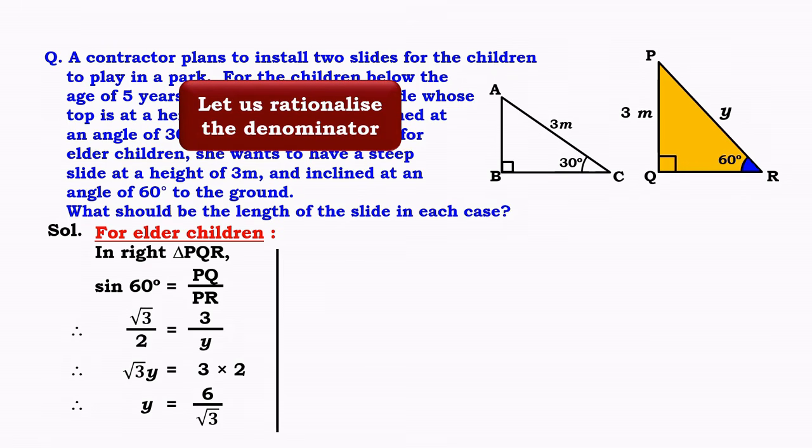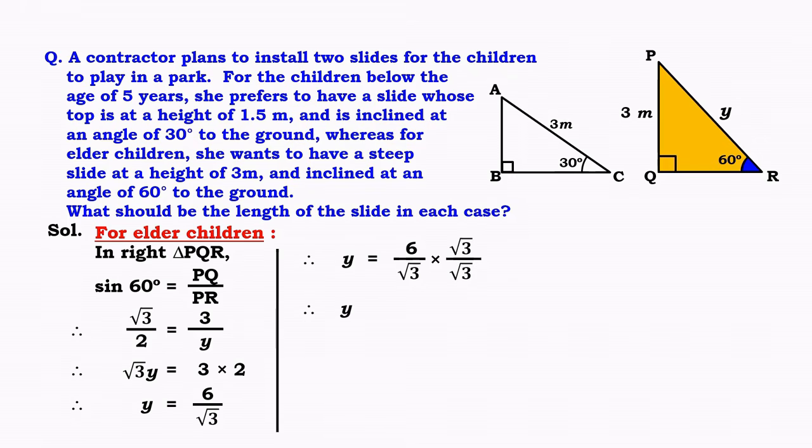Now, we need to rationalize the denominator. For this, we multiply both the numerator and the denominator by root 3. So, y becomes 6 multiplied by root 3 divided by 3. On simplifying, 6 divided by 3 becomes 2. Therefore, y is equal to 2 root 3.